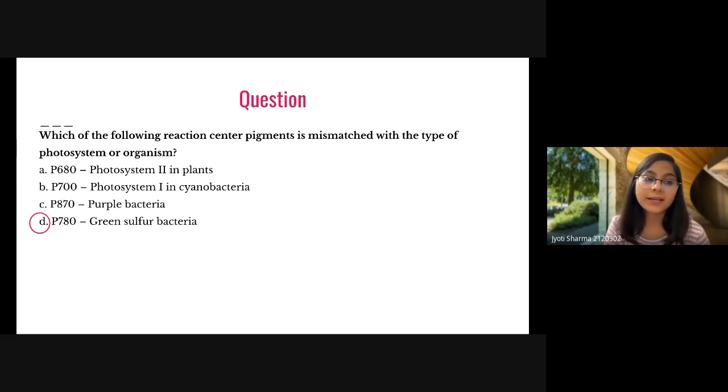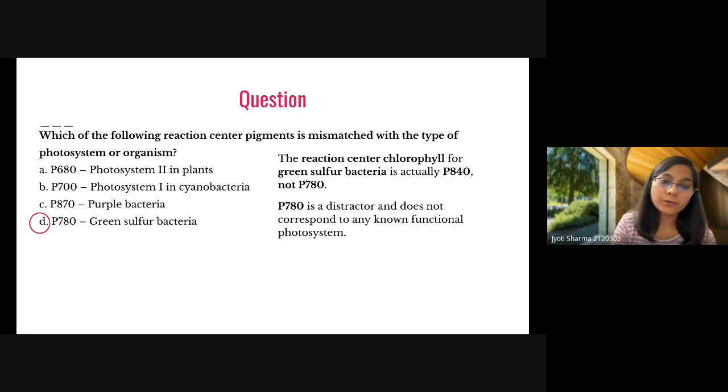Yes, D is the right answer. We already talked about this. For green sulfur bacteria, the actual reaction center is P840, but not P780. So that's why D is the right answer.